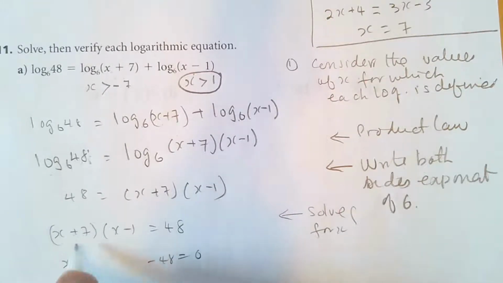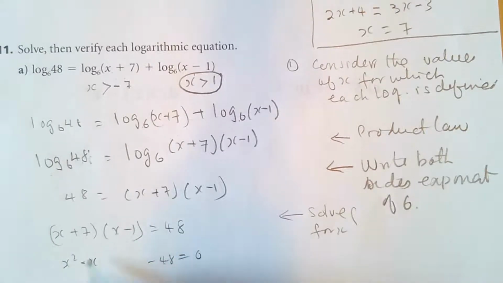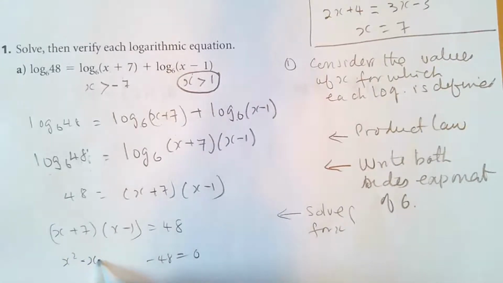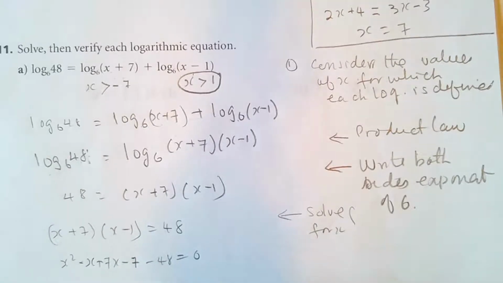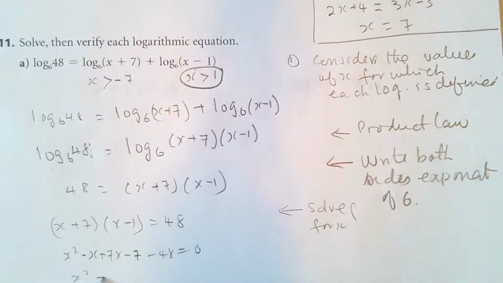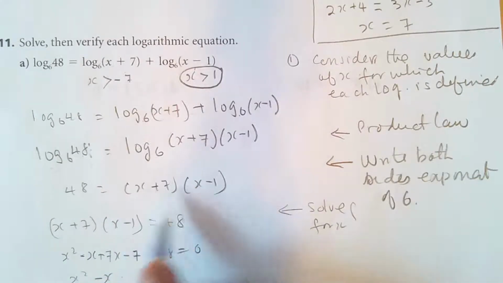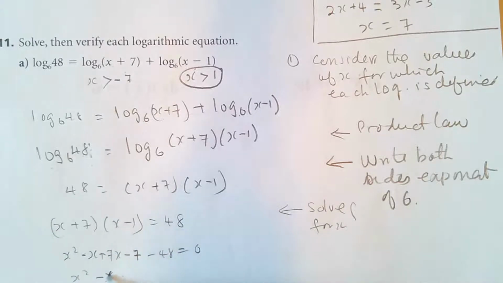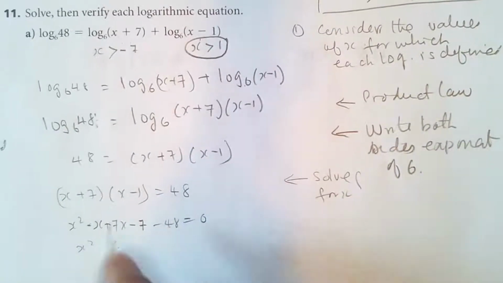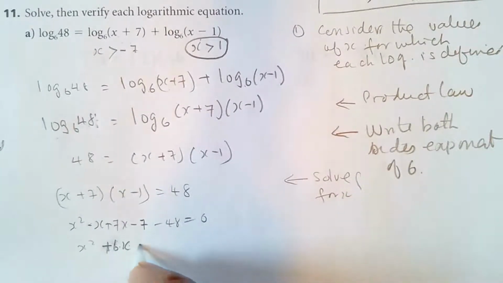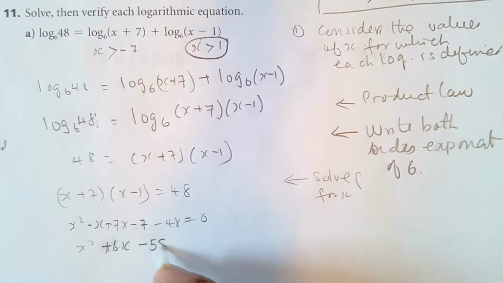So you have x squared minus x plus 7x minus 7. So it's going to be x squared, no, maybe 7x, wouldn't it be minus x plus 7x, so plus 6x. Negative 7 and 48 means negative 55 equals 0.